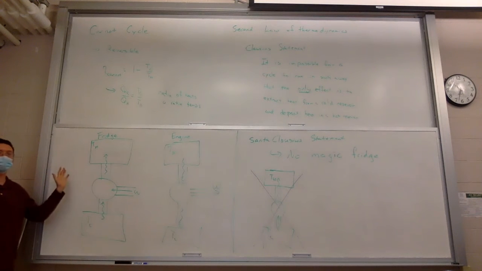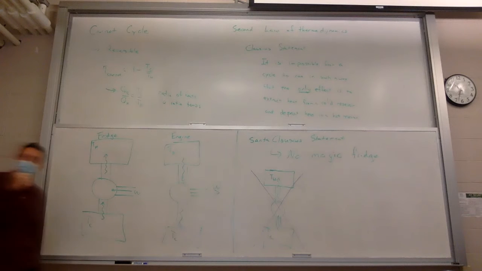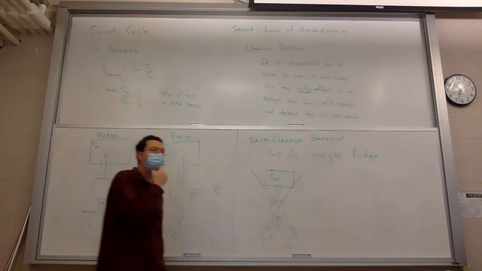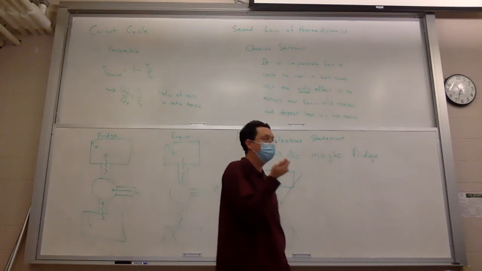And the first law doesn't explain that, so there has to be some other thing which proves that. He makes it into a statement. He's going to postulate that it cannot happen. There's no magic refrigerator. To have a refrigerator, you've got to plug it in.